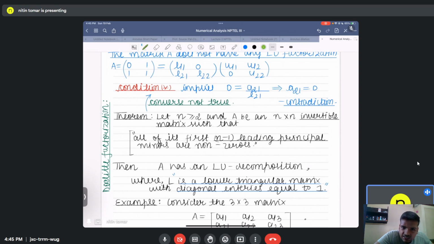This same condition is satisfied by a positive definite matrix, correct? So, by this theorem, which is appearing on your screen, we can say that every positive definite matrix has Doolittle's LU factorization.